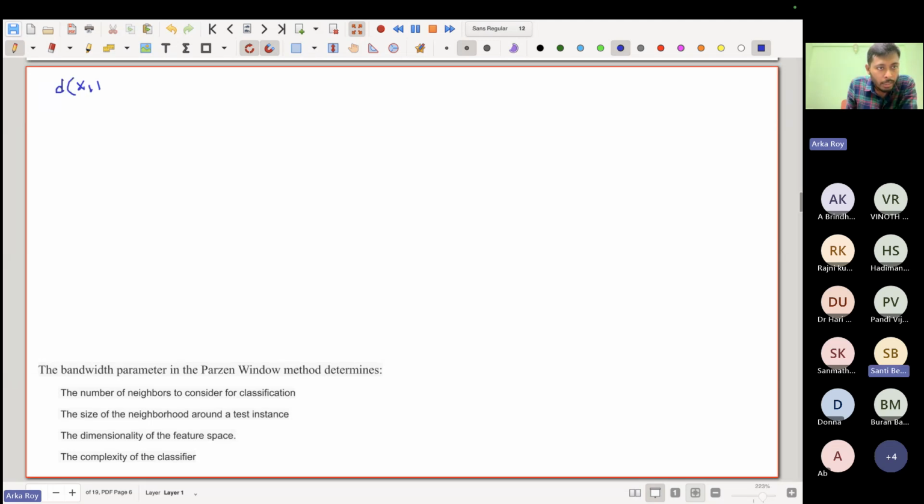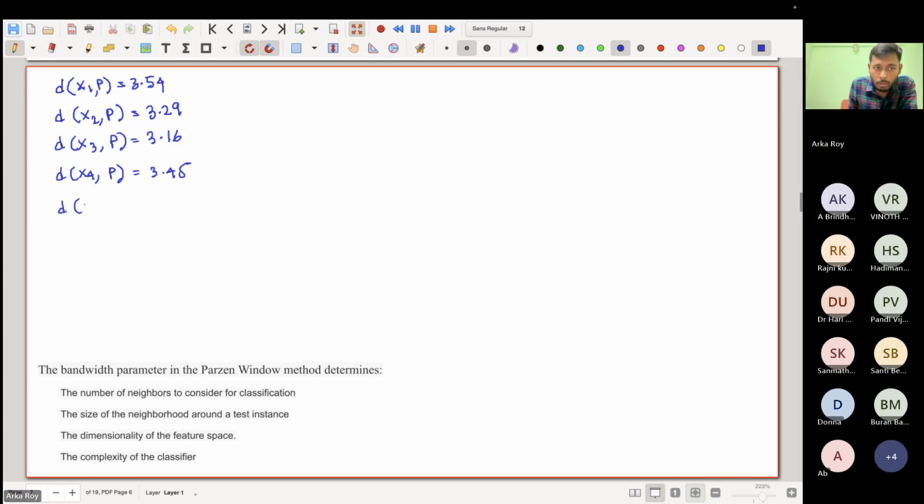So d(x1, p) is 3.54. d(x2, p) is 3.29. d(x3, p) is 3.16. x4 comma p is 3.45. x5 comma p, you can calculate as well, but I have calculated freehand, so let me just write down. x6 comma p, 1.22. x7 comma p is 1.08.